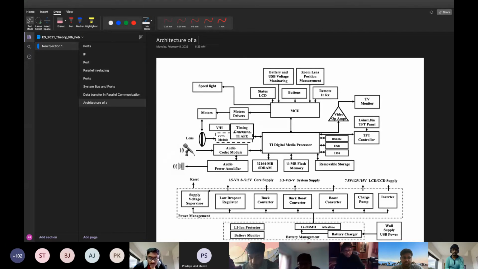Internal architecture of what? Look at this, all of you, please. I will ask you. Yukta, internal architecture of what? Siddharth Parwal. Yes, sir. So video recorder.